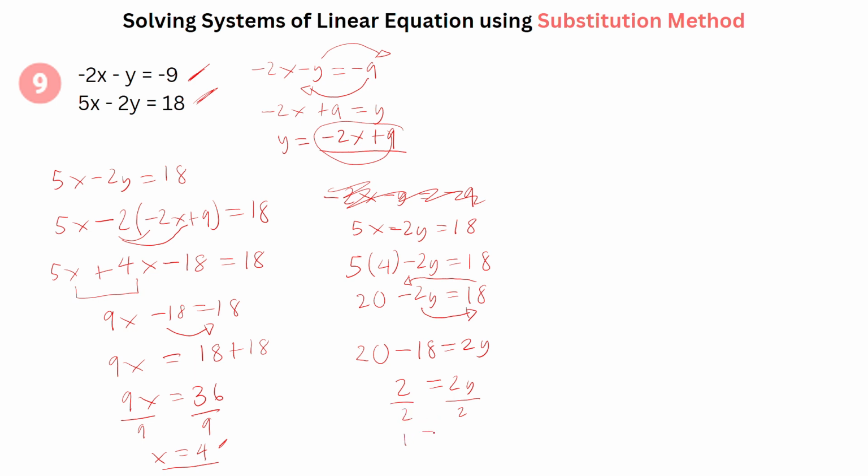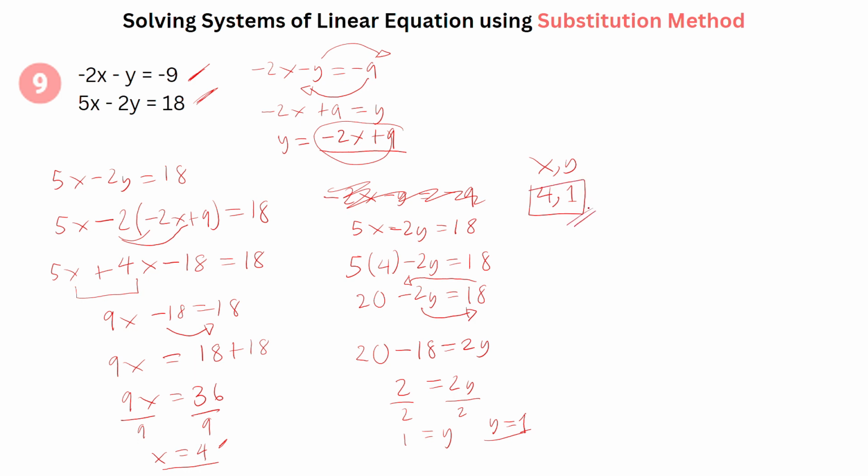So 1 is equal to y, or simply, by using the symmetric property, y is equal to 1. So our final answer now would be what? Again, this is 1. Sorry for the writing. So again, x comma y. The value of x is 4. The value of y is 1. So our final answer would be 4 comma 1.